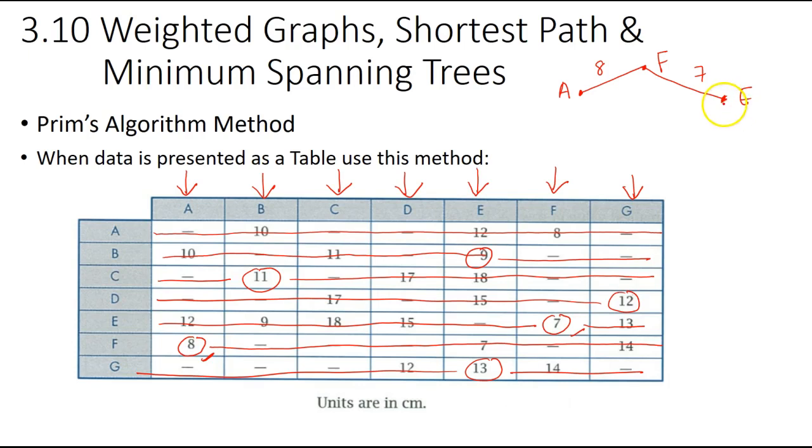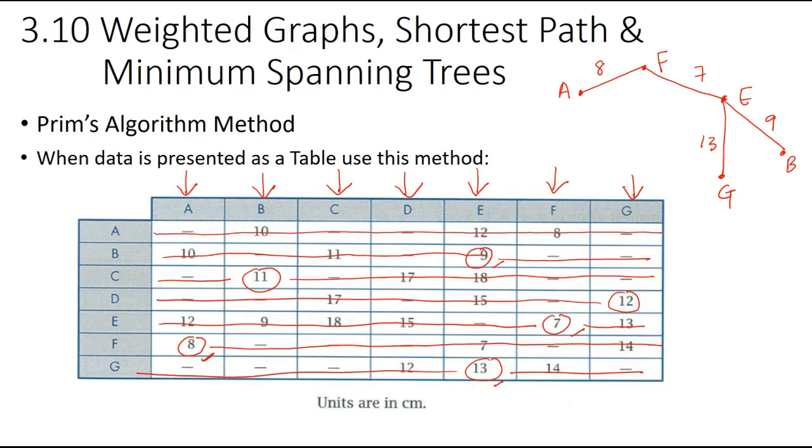Right, then I proceed with E. E is connected to B. E is connected to B by 9. And E is connected to G by 13. So this one I've done.